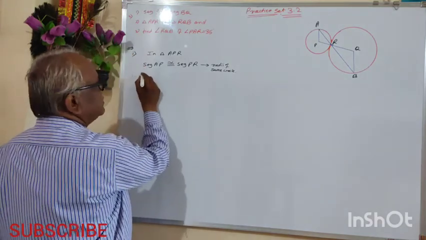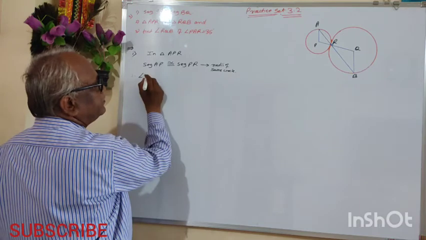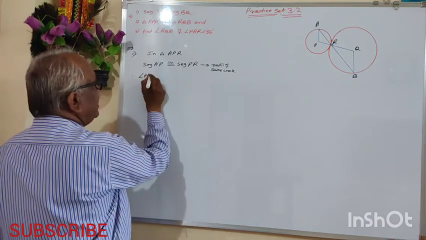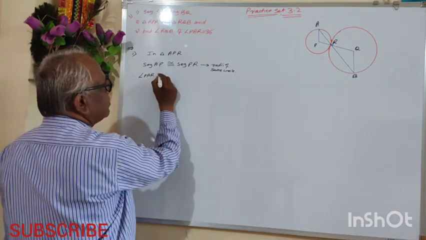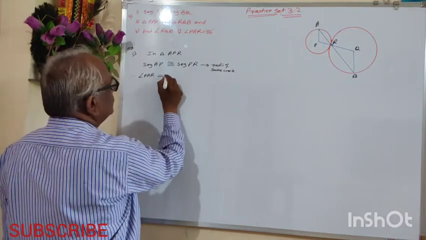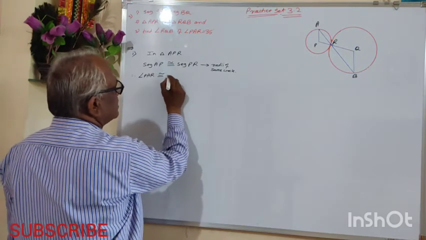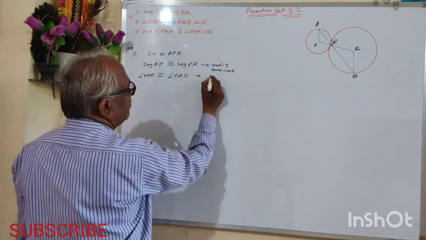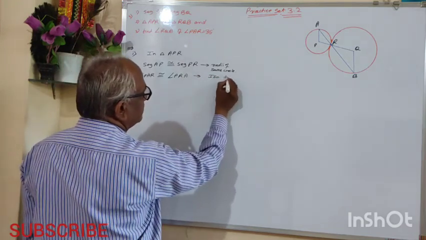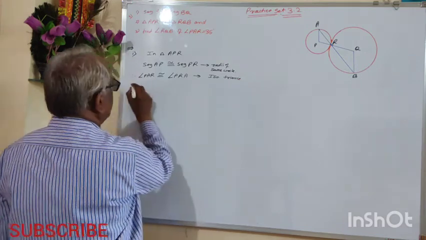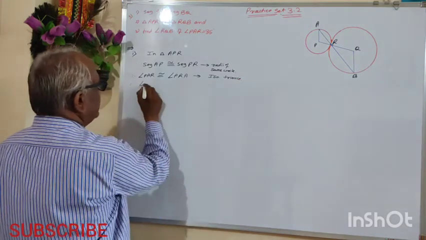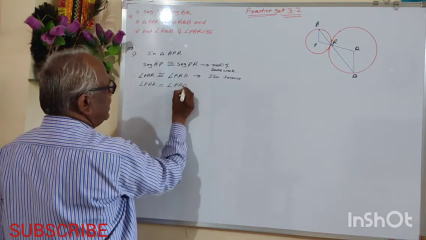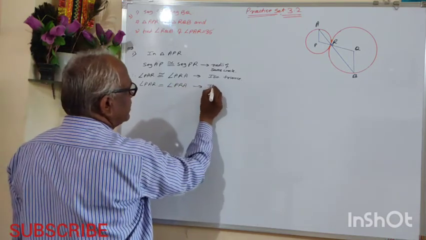Therefore, angle PAR is equal to, or congruent, you can also say, angle PRA, by the isosceles triangle property. Therefore, angle PAR is equal to angle PRA. Take this as equation number 1.